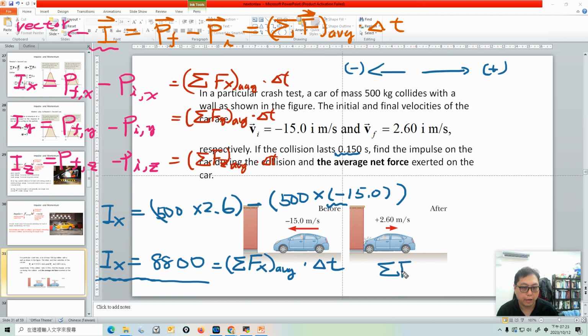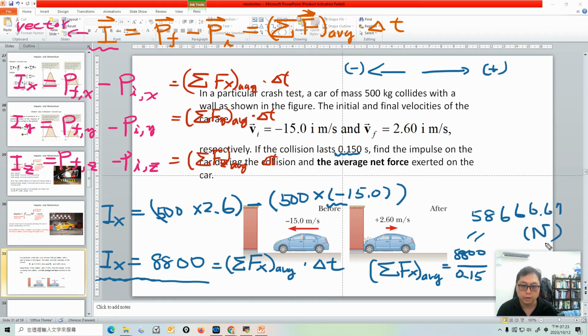So the average force in the x direction is 8800 divided by 0.15, and its value is 58,666.67 Newtons. So that's the average x component force. That's a very simple example of impulse calculation.